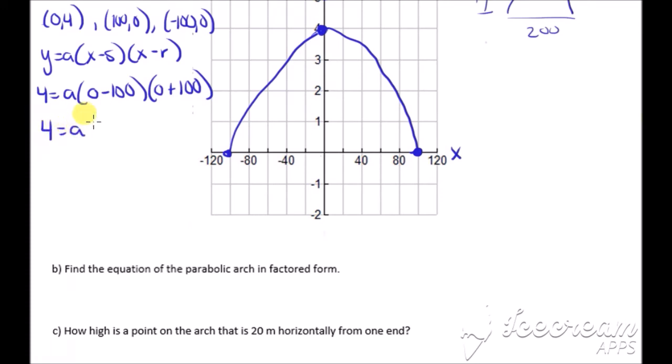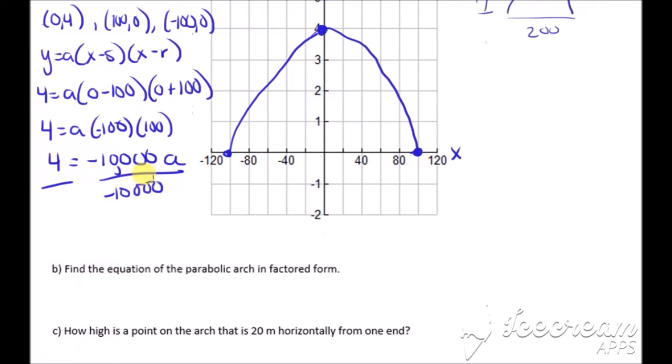Okay, so 4 equals a, and then we have -100 times 100, which is -1, 2, 3, 4 zeros there, so -10,000. So we're going to divide both sides by -10,000. And we're going to get a equals, and this will simplify, 4 over 10,000, 1 over 2,500.